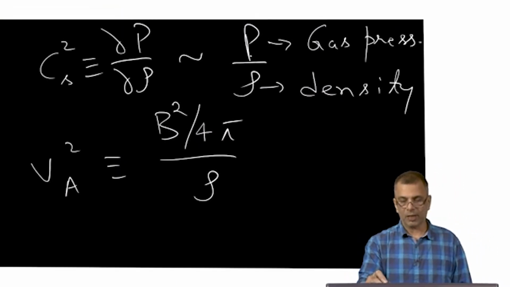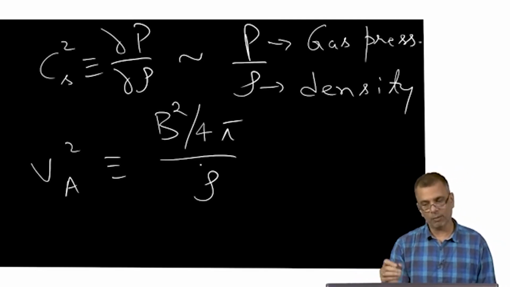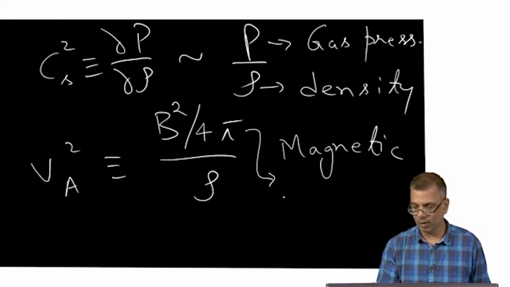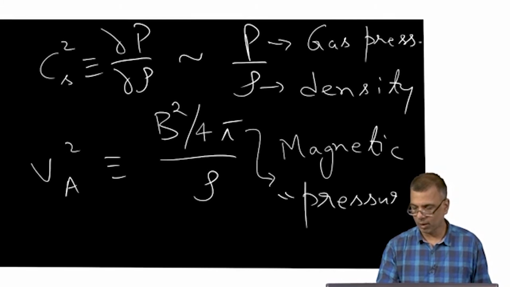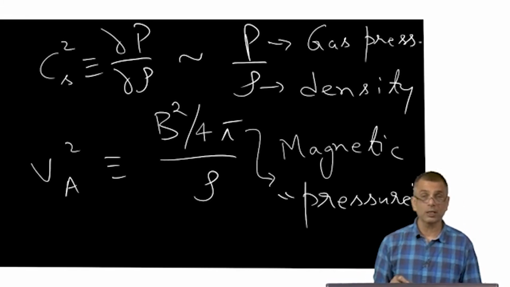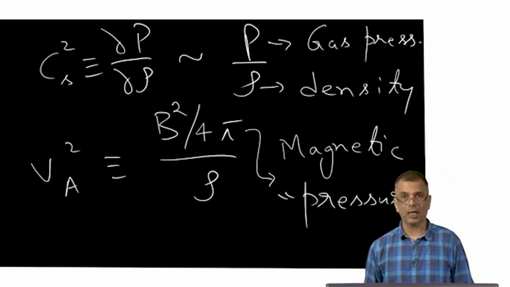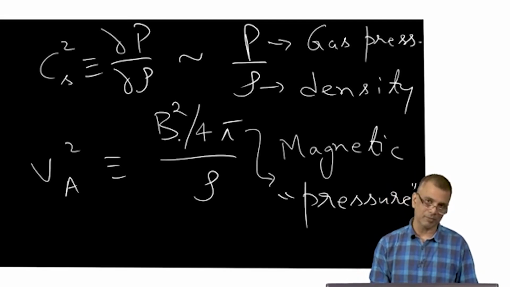So, you see this and that look very similar. The rho appearing in the denominator is the same, and this is the magnetic pressure. In what sense is this the magnetic pressure? If you remember, we wrote down the magnetic stress tensor, and this would be the diagonal term in the magnetic stress tensor.